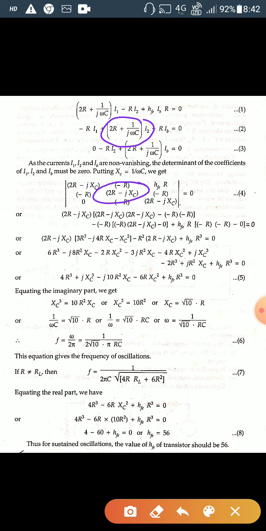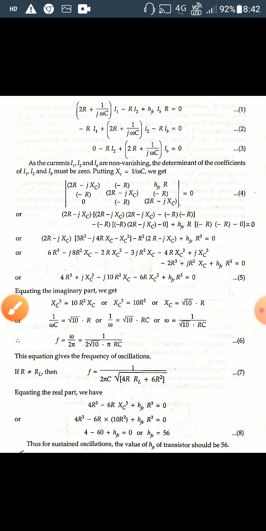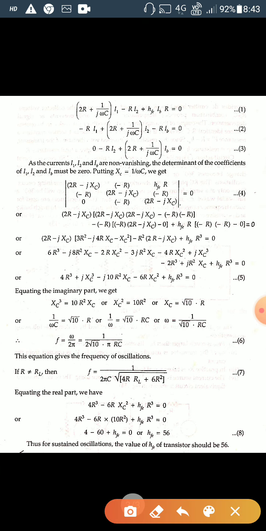And for the third one, the coefficient of IB is minus R. In the same way, this total matrix form can be identified, and from there we find the determinant value. The determinant gives the solution.